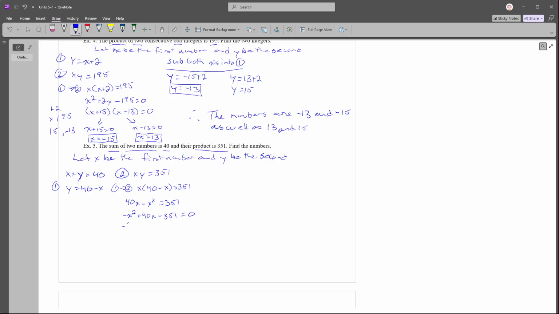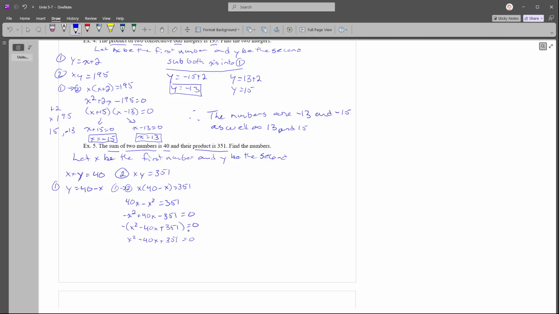So we have negative 1 and then we have x squared minus 40x. All the signs are going to flip because we divided out a negative 1. Plus 351. And that's going to equal 0. Now we can divide both sides by negative 1 and get rid of that negative sign completely. So we just end up with x squared minus 40x plus 351 equals 0.